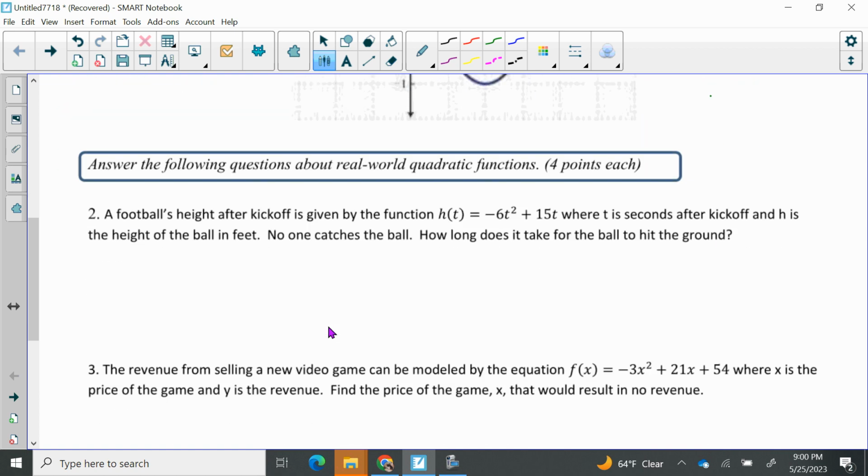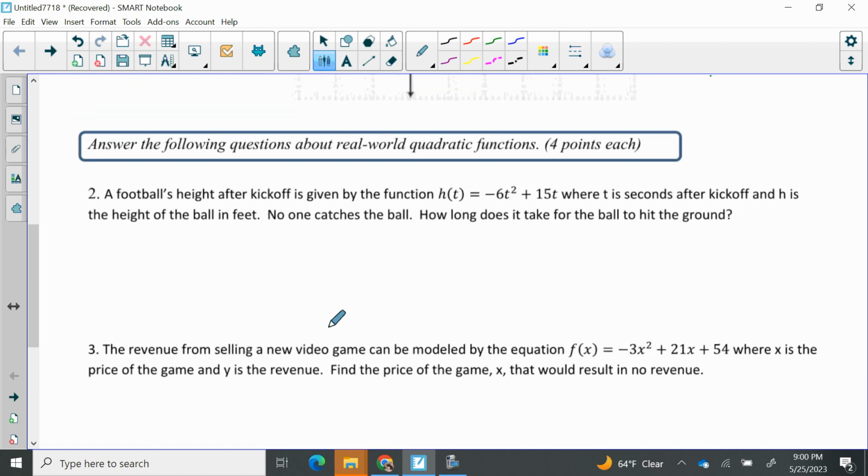Okay, so these are real world quadratic functions. A football's height after kickoff is given by this function, where t is seconds after kickoff and h is the height of the ball in feet. No one catches the ball. How long does it take for the ball to hit the ground? Well, I'm going to show you in Desmos what that means and how we figure that out.